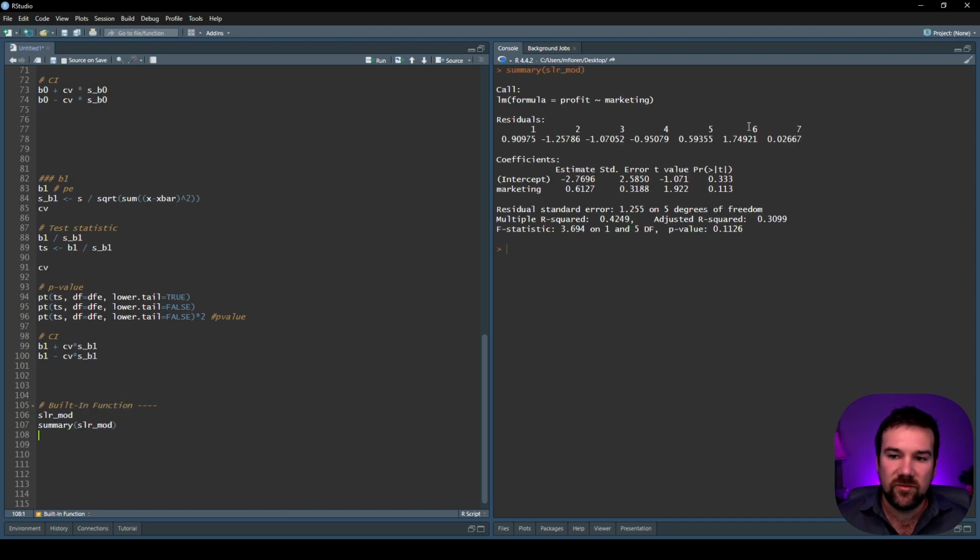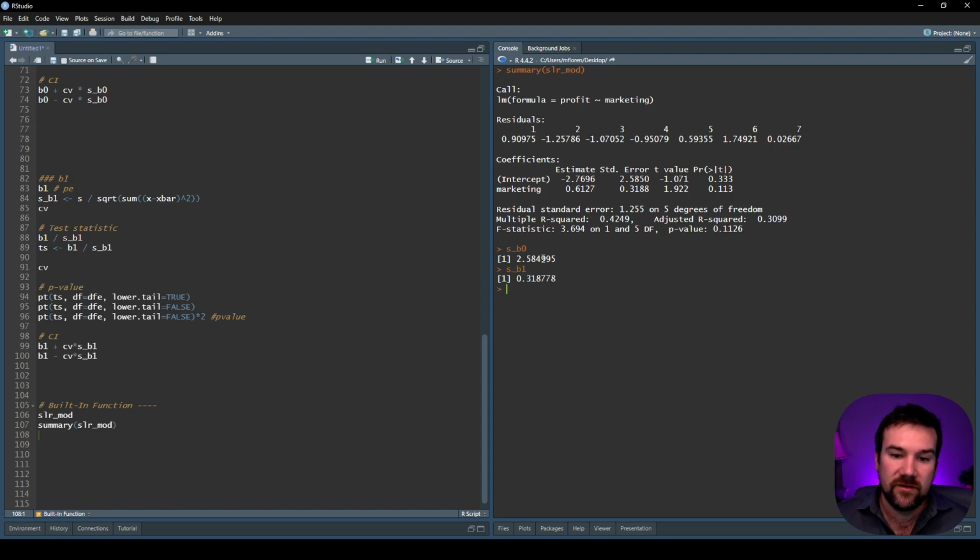And this table right here is what a typical regression output table is going to look like when you run a regression using software. It's going to give you the intercept and then the different independent variables. Then it'll give you your parameter estimates. This is my B0 and B1. Then it gives me my standard errors of these, S sub B0 and S sub B1.